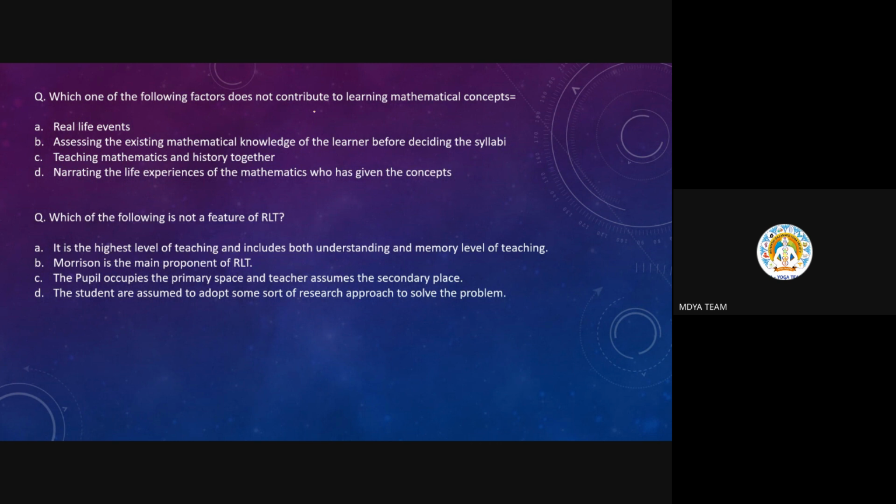Which one of the following factors does not contribute to learning mathematical concepts? D, ma'am. C, I guess.